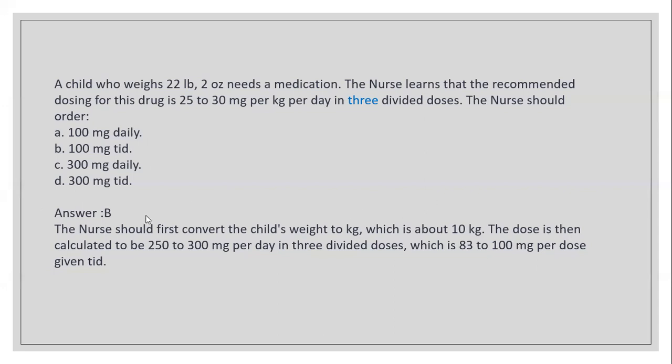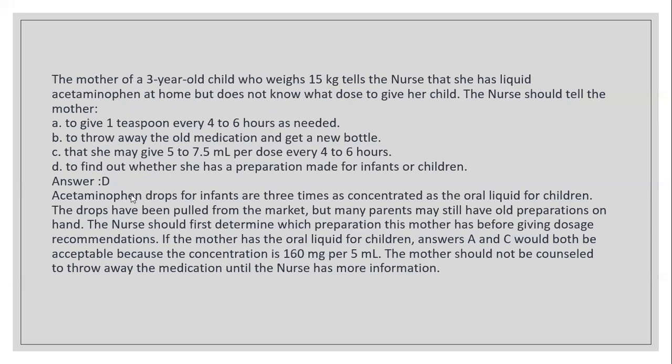The dose is then calculated to be 250 to 300 milligrams per day in 3 divided doses, which would be 83 to 100 milligrams per dose. So the answer is B.